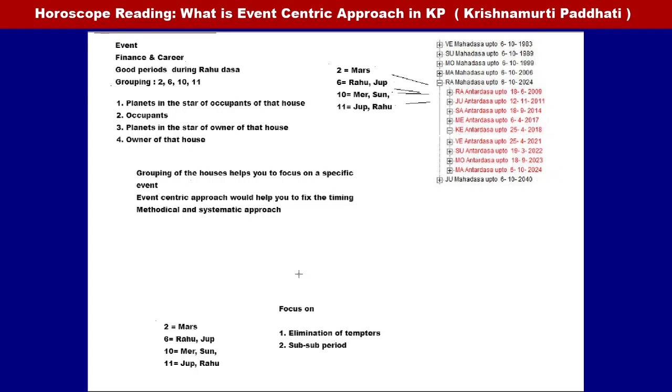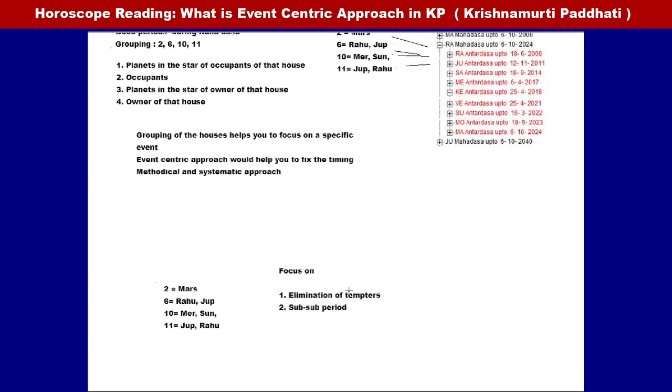Once you have eliminated the confusion of using house grouping as the basis for reading the horoscope, the next challenges will emerge. And what are the next challenges? That's part of every astrology, including Krishnamurti Paddhati.